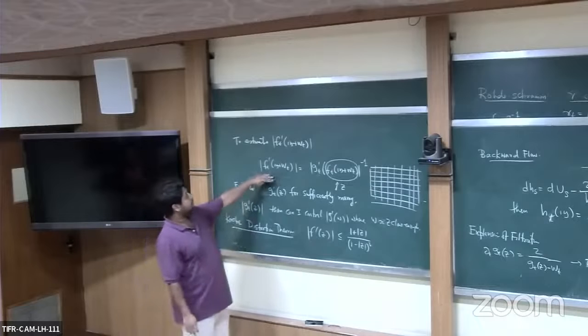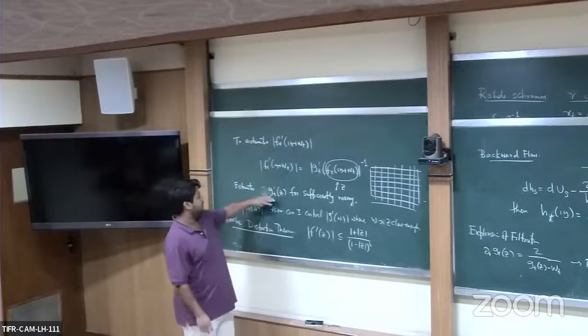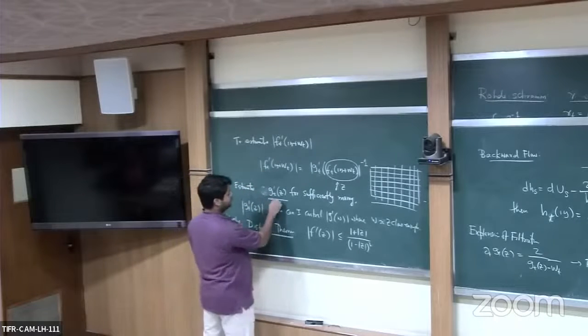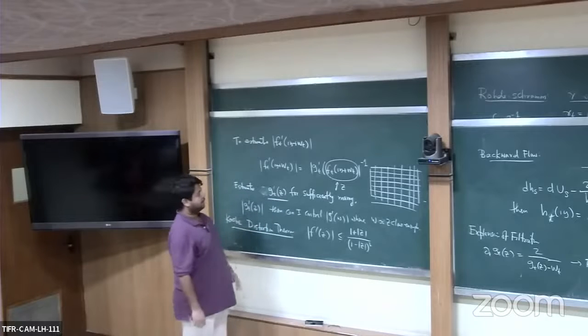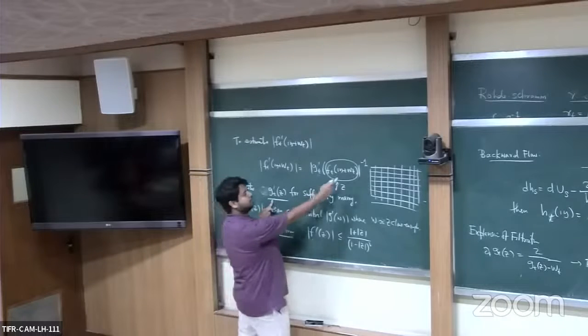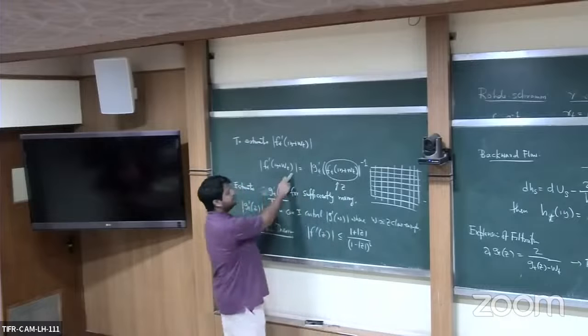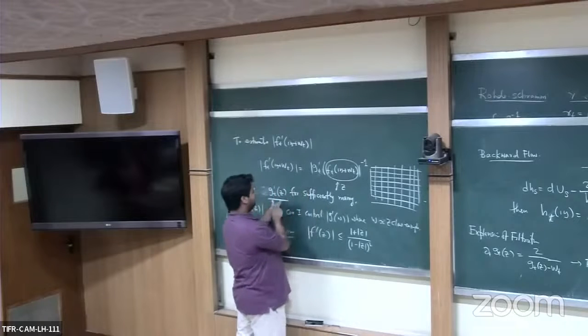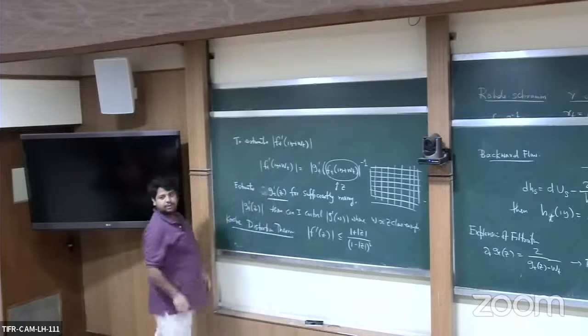So in order to estimate f_t prime, we estimate this. Also, there is a minus one. If you want an upper bound on that, what you really want is a lower bound on the modulus of g prime.